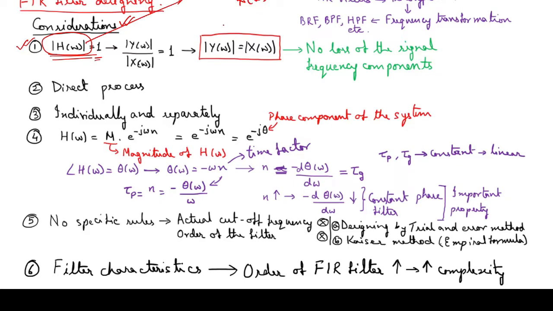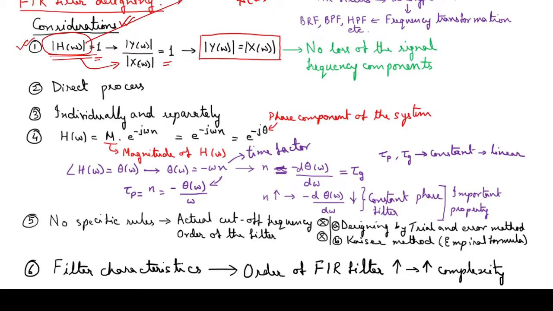If we use this formula and rewrite this equation, we get modulus of Y of omega divided by modulus of X of omega equal to 1. So what does that mean? This means modulus of Y of omega is equal to modulus of X of omega.